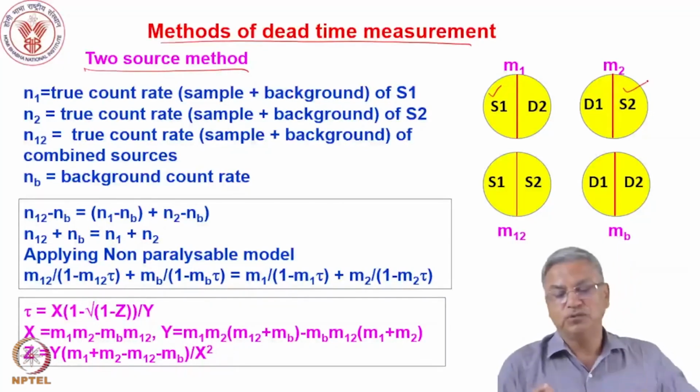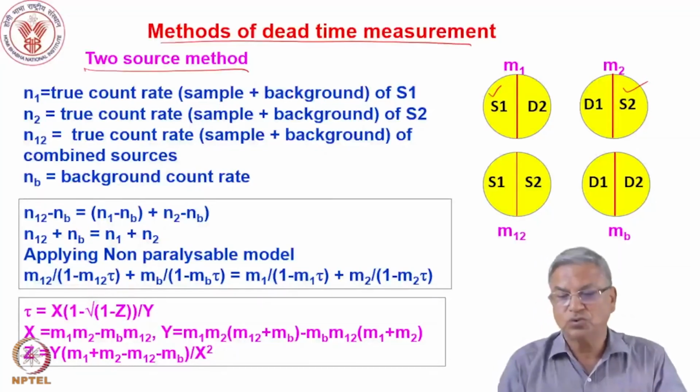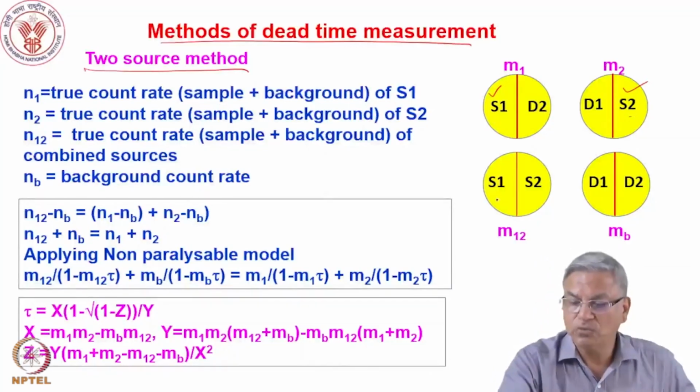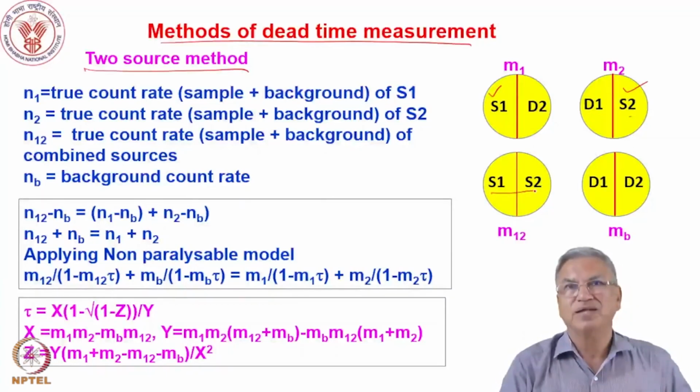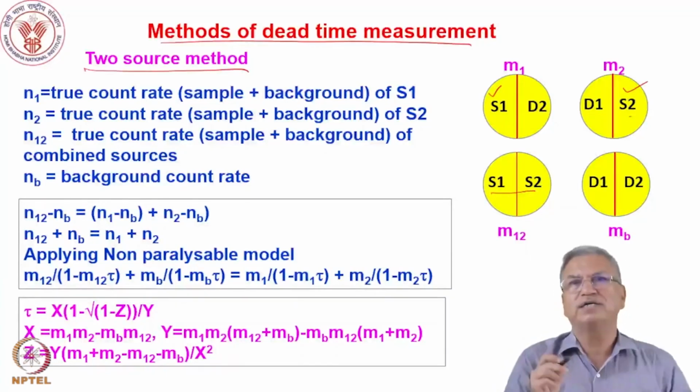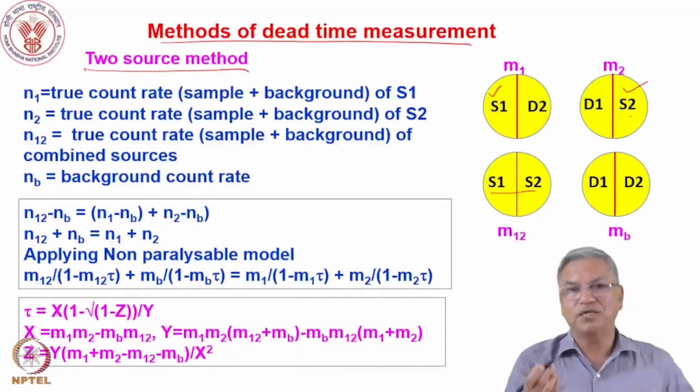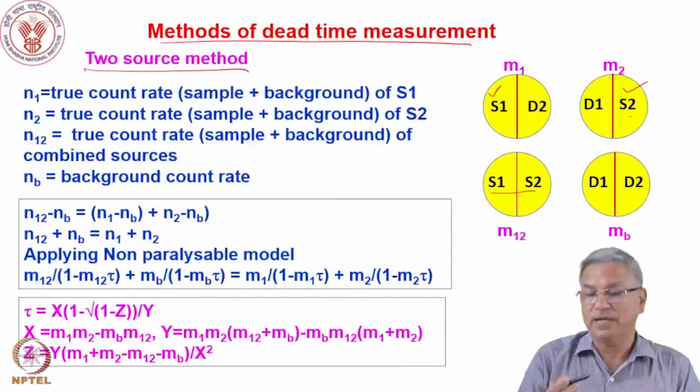You count one source separately, you count S2 second, and then you count S1 and S2 together. When you count S1 and S2 together, there will be losses in the counts because the count rate has increased, and this can be made use of in finding the dead time.